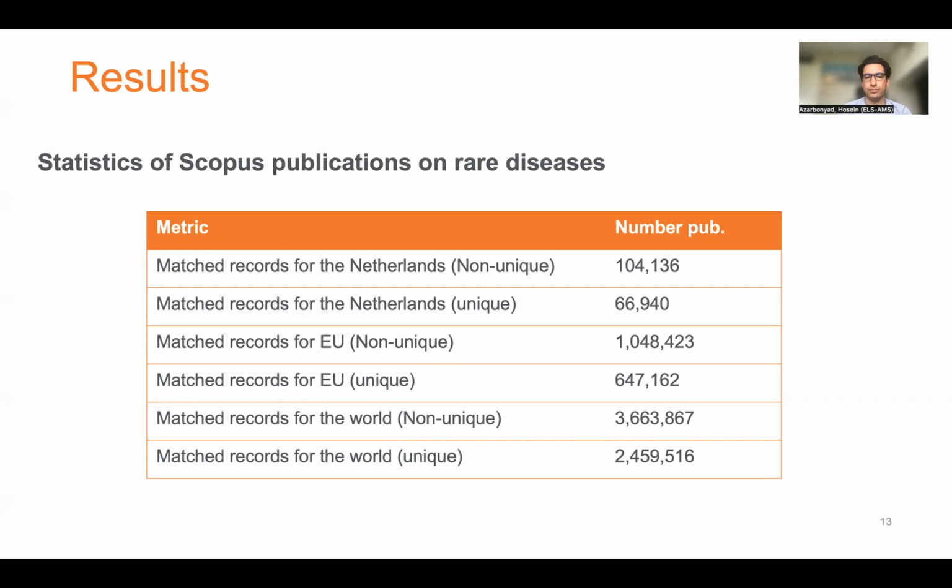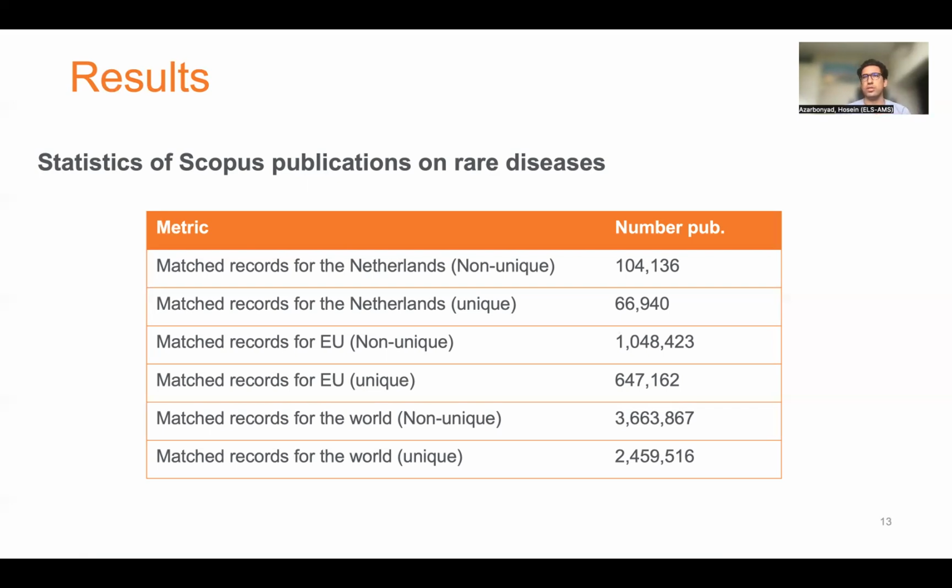In total, there were about 2.4 million articles on rare diseases in the past 10 years in Scopus, about 66,000 in the Netherlands, and 647,000 in the EU.